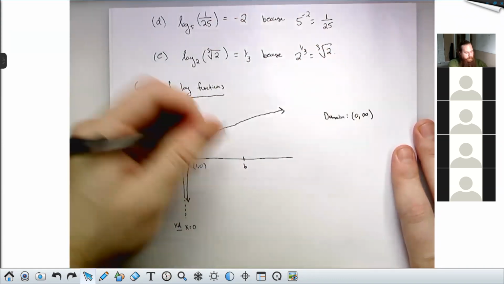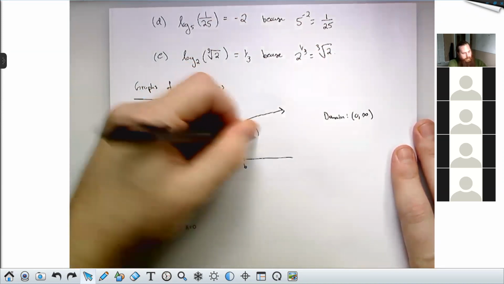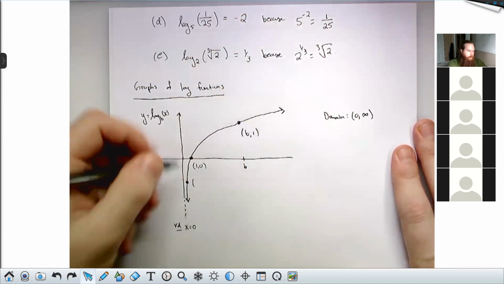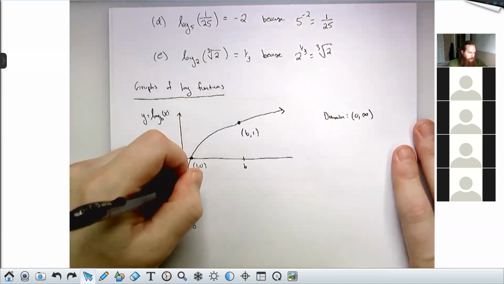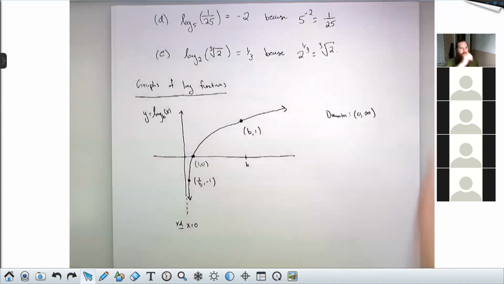If b is out here, you will always go through the point b, 1. And you will also always go through the point 1 over b, -1. So if you want to graph the base 2 logarithm, the base 5 logarithm, the natural logarithm, they all look like this.